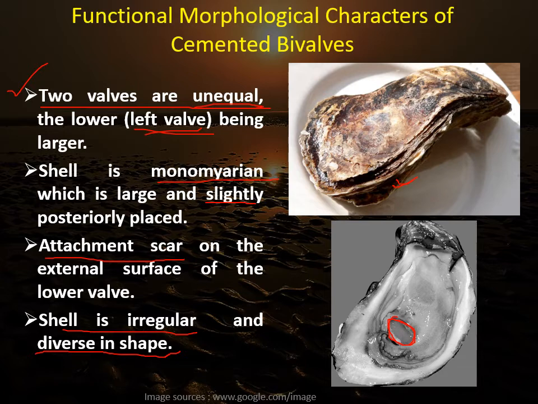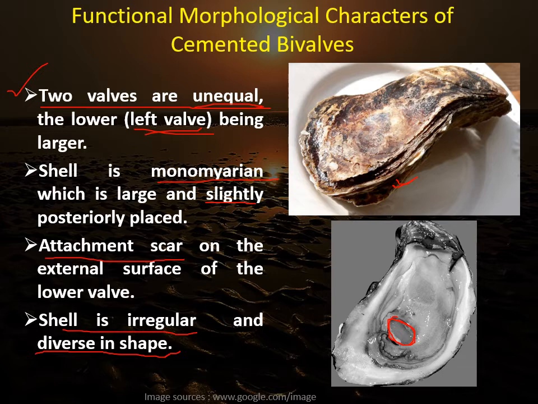Now, in terms of evolution, there is an interesting fact that all these kinds of monomyarian bivalves, like the cemented bivalve and the next discussed group, the free-lying or swimming bivalves, came from byssally attached ancestors.